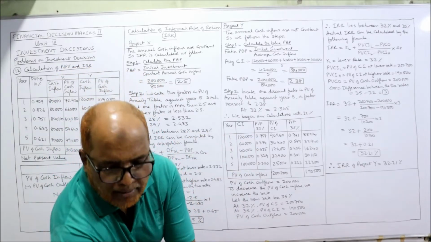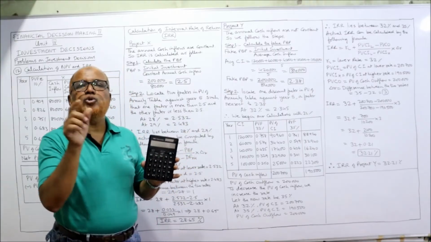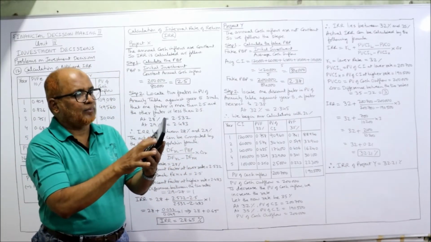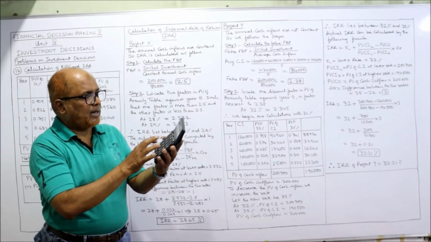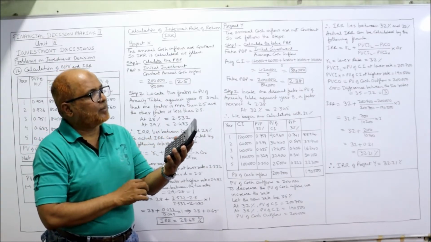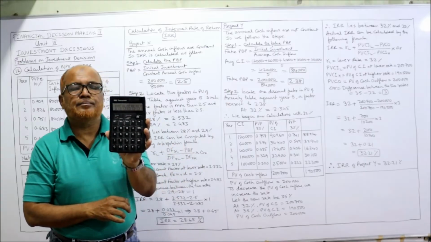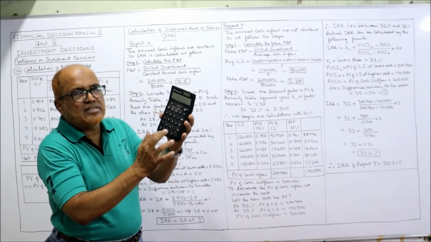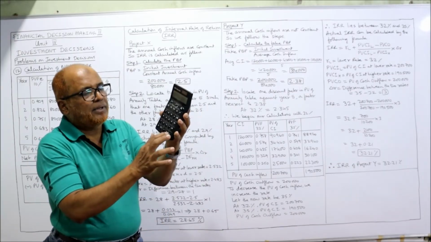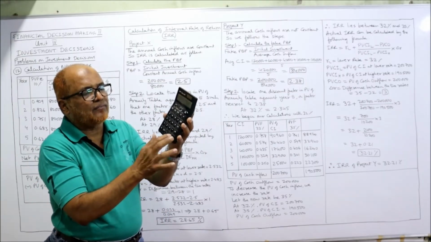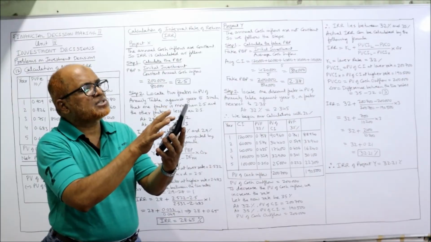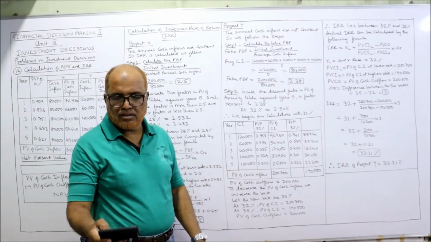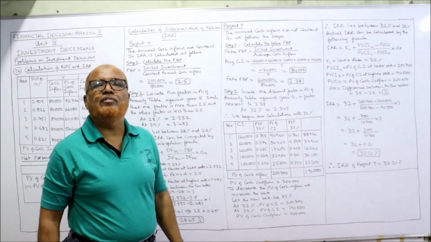Or else you can use the calculator. 32 means 0.32. 1 divided by 1.32 is equal to 0.758. Now for the second year, just press equal to. Press equal to for the third year, fourth year, fifth year. 5 times, last 0.249, so 0.25. In this way, easily we can find out PV factors.